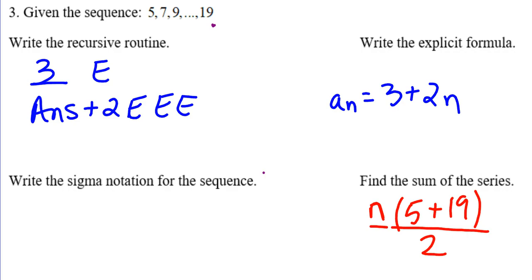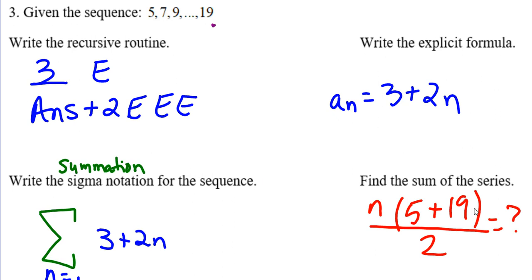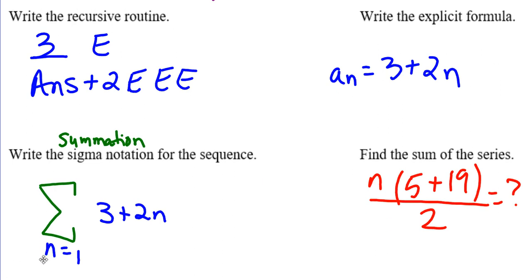So to help me do that, let's try to write the sigma notation, because once I find the top part of my notation, what term number 19 is, I can find my summation. So again, my sigma notation always starts with n equals 1. If you're typing into class kick, do not put any spaces into that section for your sigma notation checker. Here's our rule of how we calculate the values for our sequence.